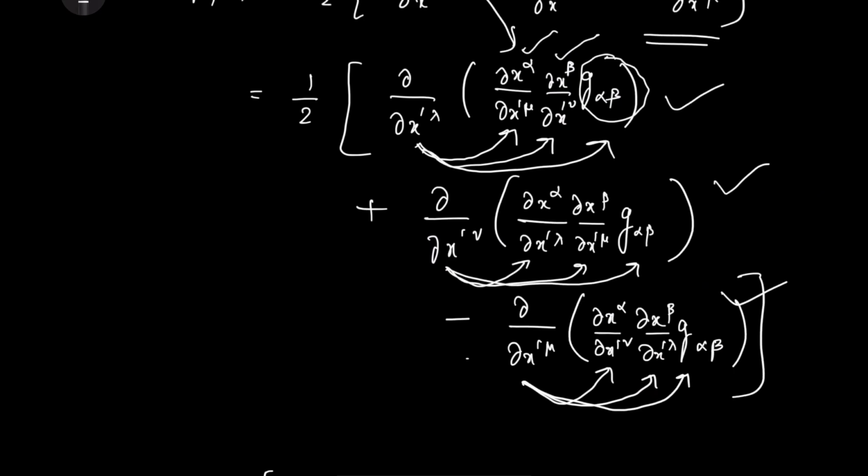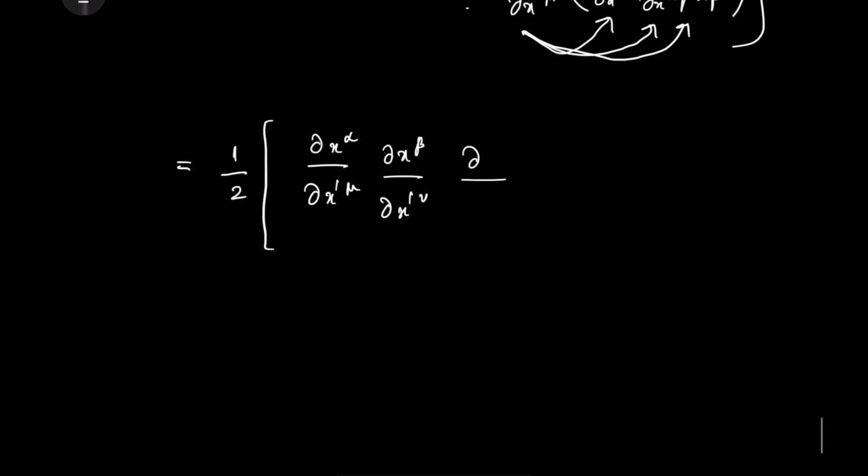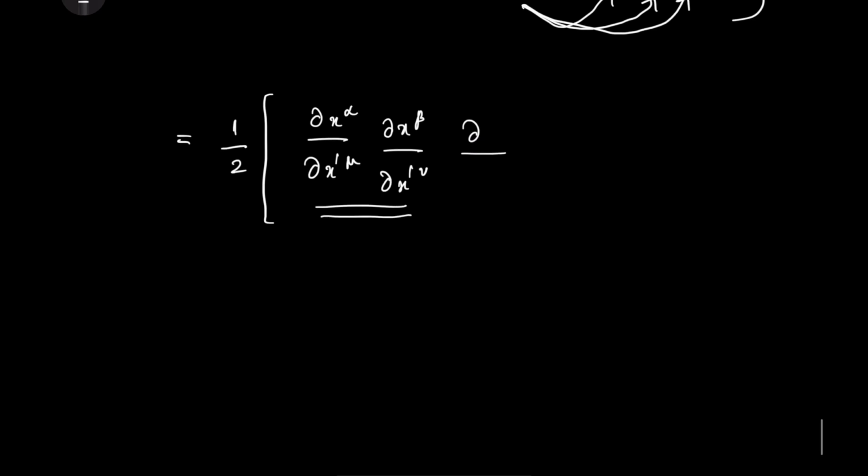First I'll focus on the derivative of g alpha beta, then I will take the other two. So here these two terms are as they are without any change. Now I am going to take the partial derivative of g alpha beta with respect to x prime lambda.